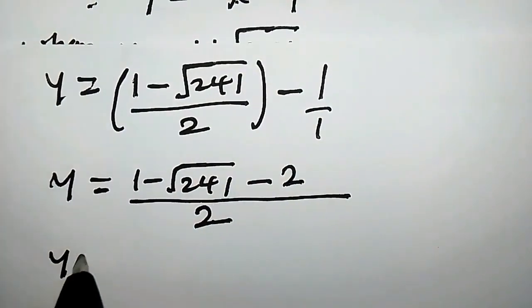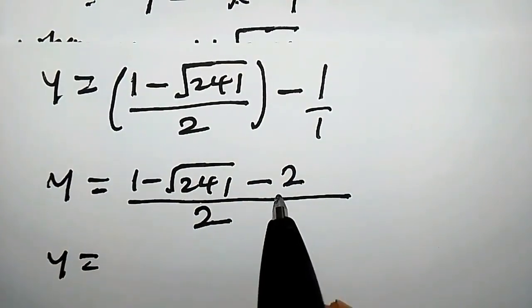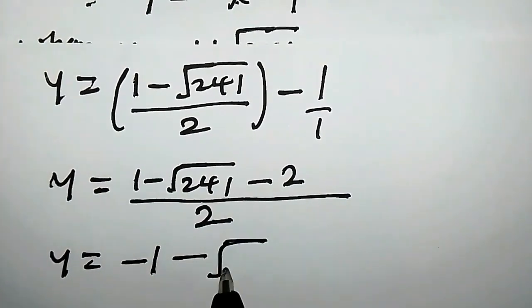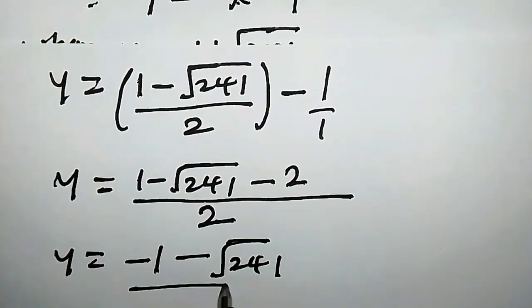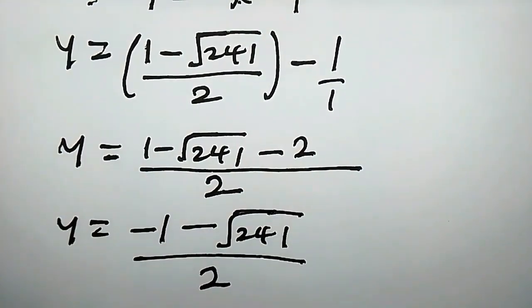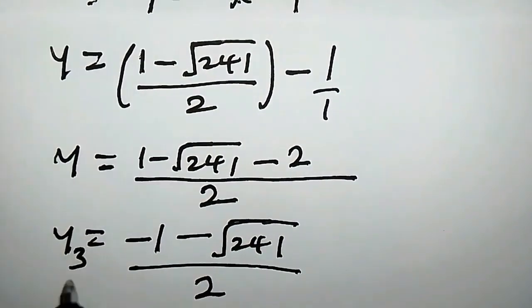So, y is equal to 1 minus 2, that is negative 1, minus root 241 divided by 2.